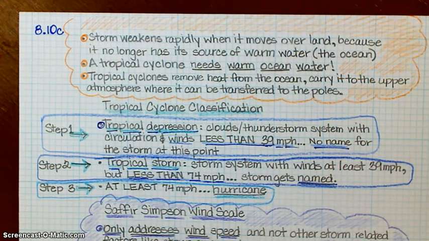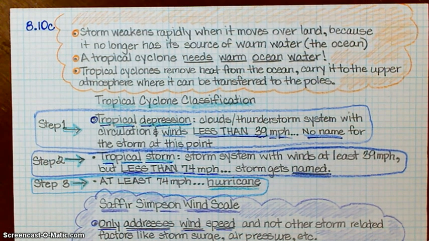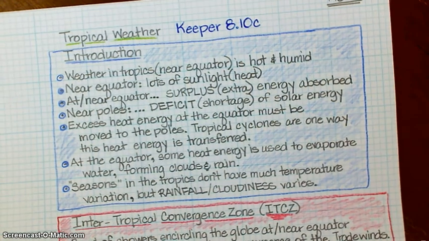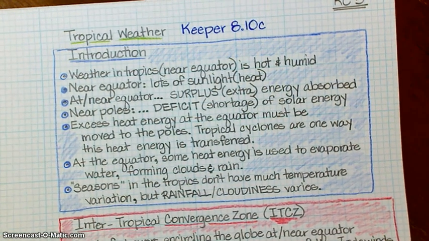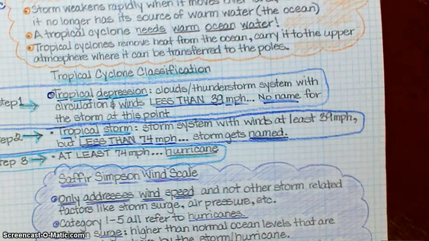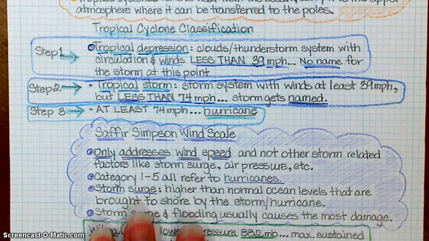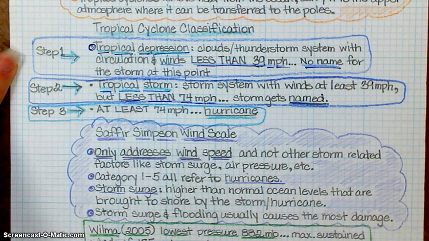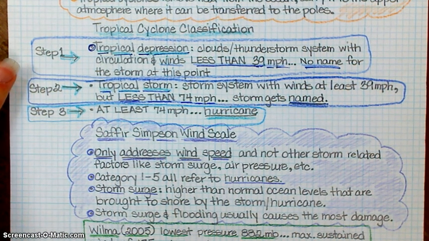Okay, so you also have a third yellow sheet that's a keeper. This is on the front. Tells you some general information about tropical weather. Your tropical cyclones. The least intense is a tropical depression, less than 39 miles an hour sustained winds.